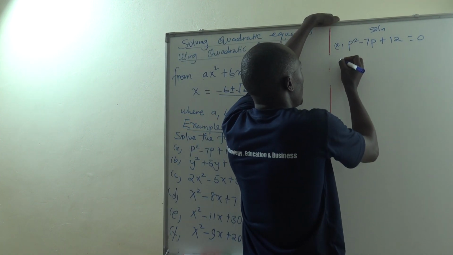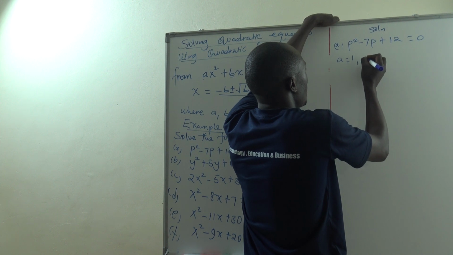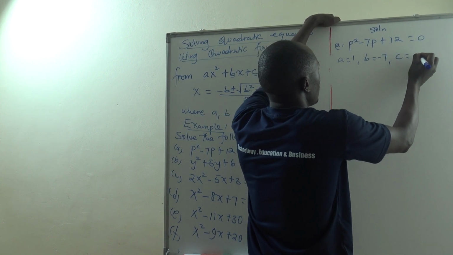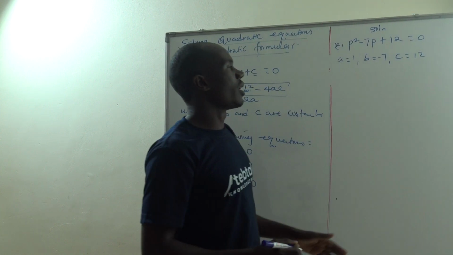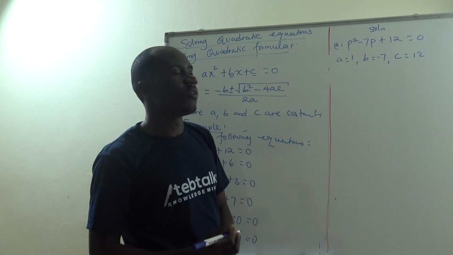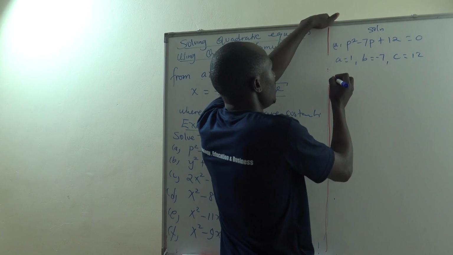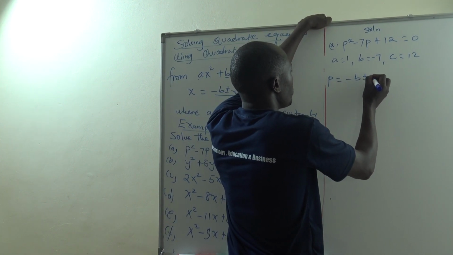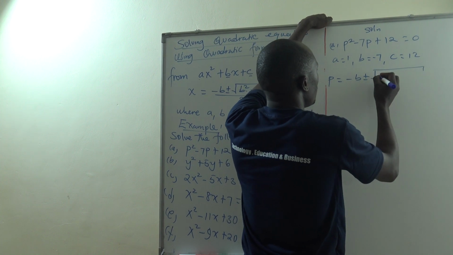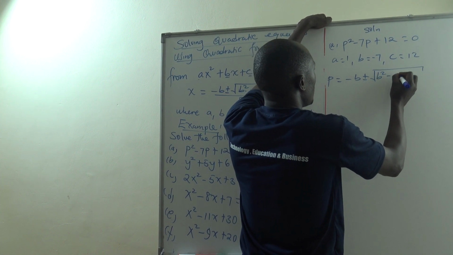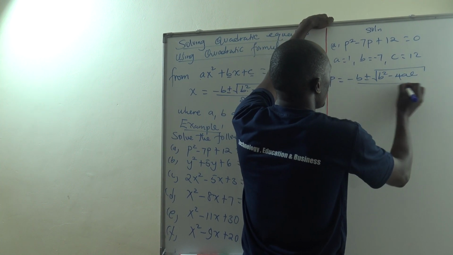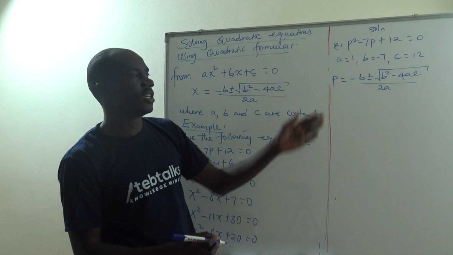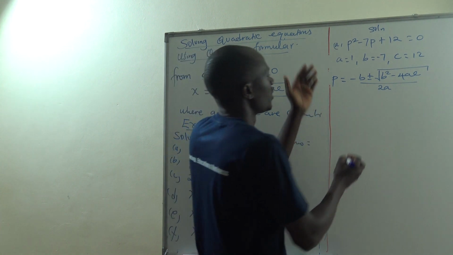That means our a equals 1, our b equals negative 7, and our c equals 12. So our equation is in terms of p. So we shall say p equals negative b plus or minus root of b squared minus 4ac all over 2a. Then we are free to substitute in correctly what we have already stated.